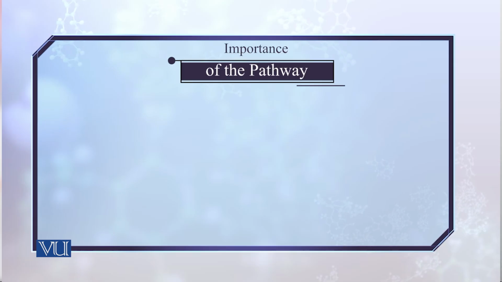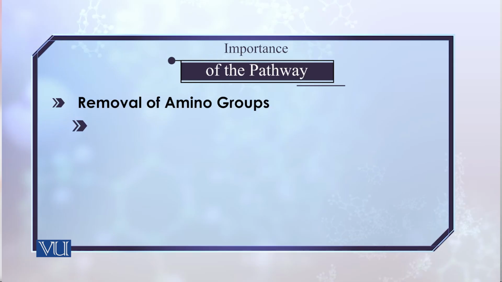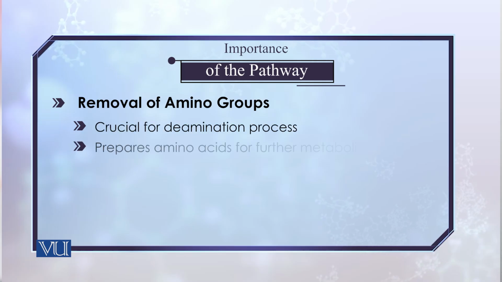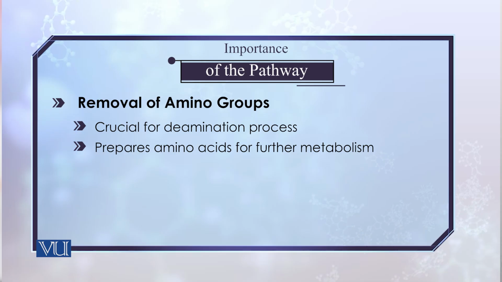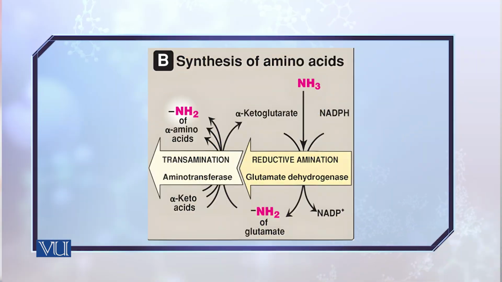So, one of the benefits of oxidative deamination is that you get rid of the amine group by getting it out of the glutamate, but you should also keep in mind that transamination and oxidative deamination also make the ground for making new amino acids, because once you get rid of an amine group from glutamate, or once the transamination takes place, you end up with new keto acid groups which can then be used for the process of reductive amination.